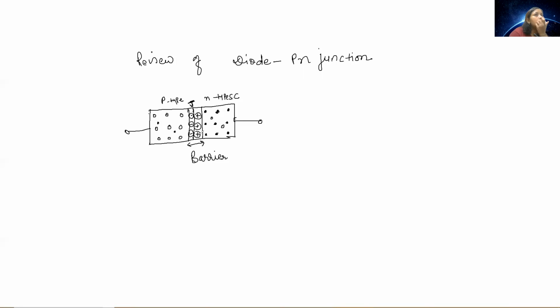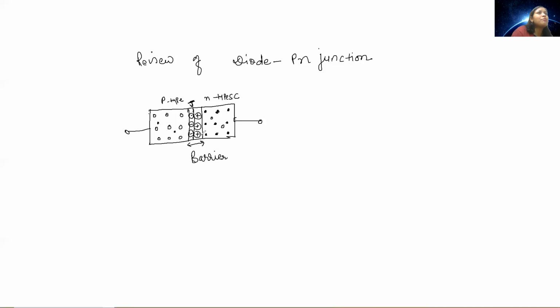Because of this region, we do not get sufficient magnitude of current through a PN junction if we do not apply any external voltage. Only a very small drift current flows initially, which is of such a small magnitude that it is of no use to us.